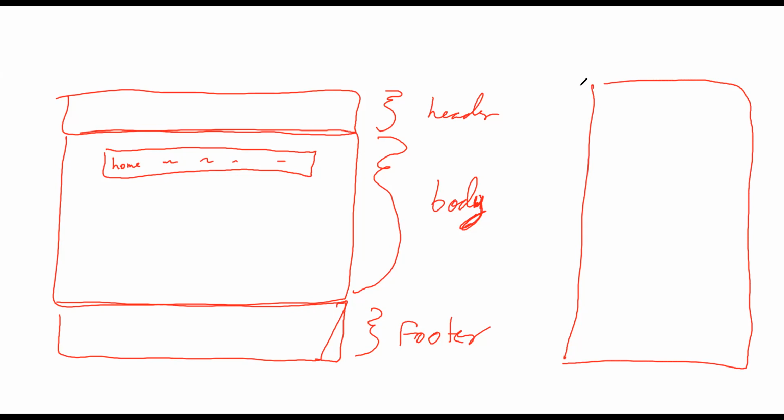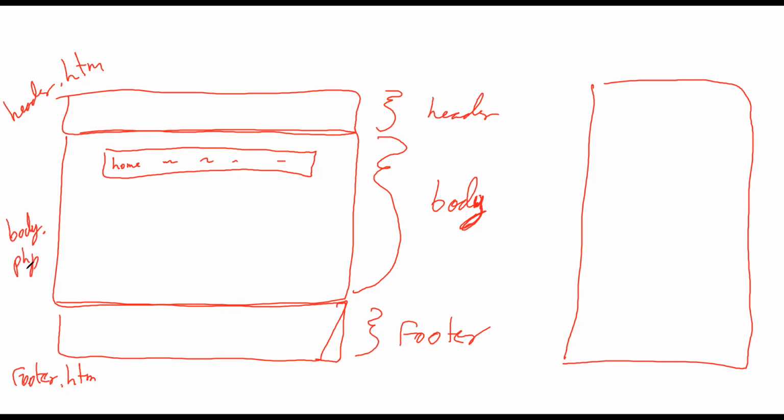The reason we want to separate it into 3 files: this would be header.htm, this would be footer.htm, and then something in the middle, the body. Because this might be logic, this could be PHP.